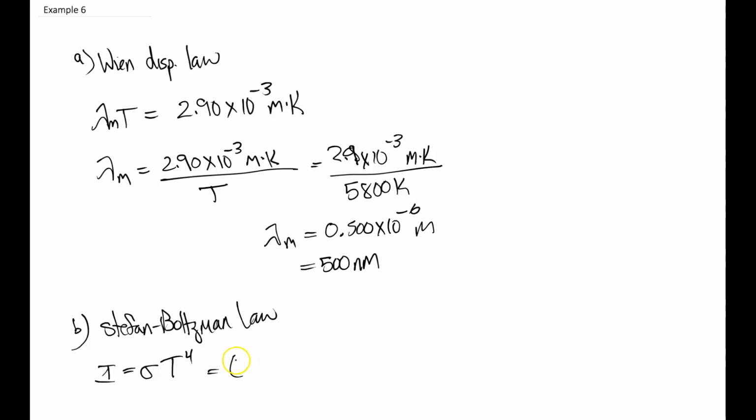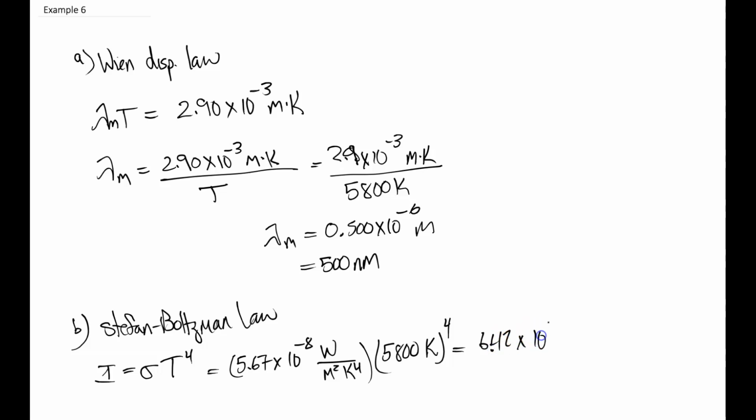The Stefan-Boltzmann constant is 5.67 times 10 to the minus 8 watts per meter squared Kelvin to the fourth, and the temperature is 5800 kelvins all to the fourth power, which gives us 6.42 times 10 to the seventh watt per meter squared, or 64.2 megawatt per meter squared.